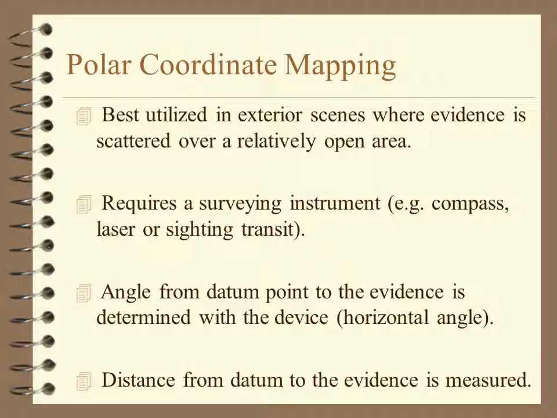You can often do an effective job of polar coordinate mapping with something as simple as a $10 compass. And we'll talk about that in the laboratory session that follows. Naturally, if your agency has more funding, you might be using a laser transit or sighting transit, and these will provide you with a little more peace of mind, or it may provide you with a little more accuracy.